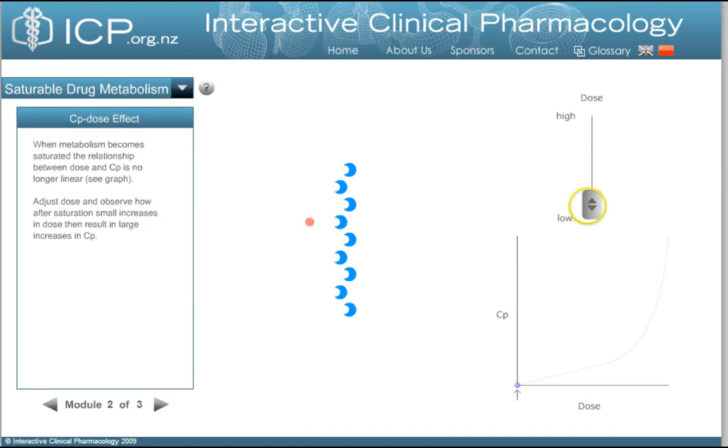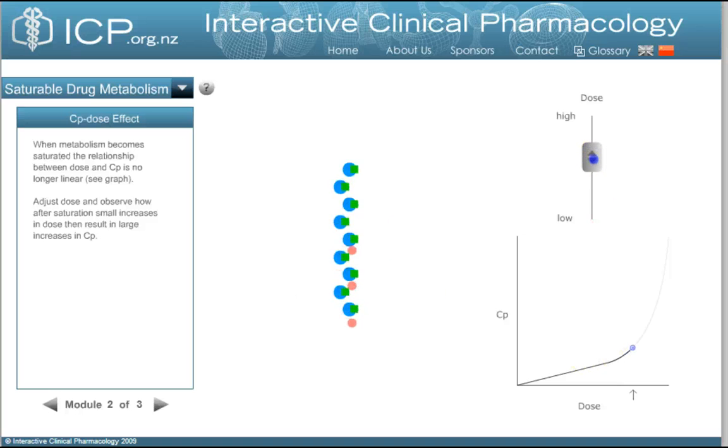So here's the same diagram again. And what we're seeing here is concentration as a function of dose. Most drugs have a linear relationship between dose and concentration. But there comes a point where you've given so much drug that you've overwhelmed the ability of the liver or whatever metabolic enzymes to metabolize the drug.